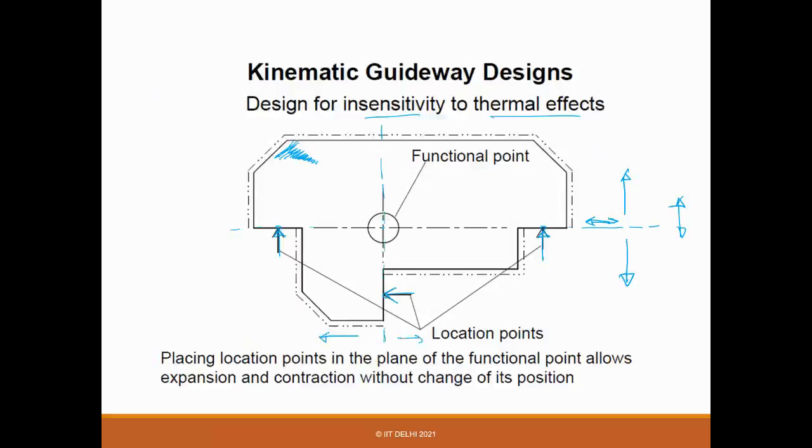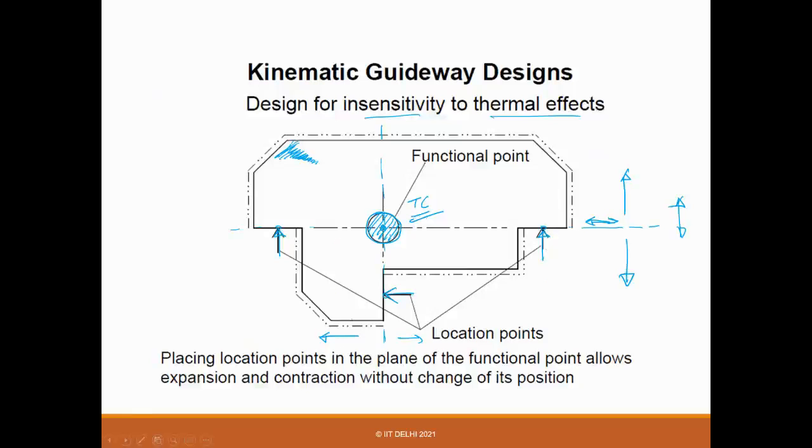So it means you get a point here, which is the ideal point, and we call it the thermal center, TC, which is insensitive to this deformation. By putting these location points or contacts, we can define where your thermal center should lie.